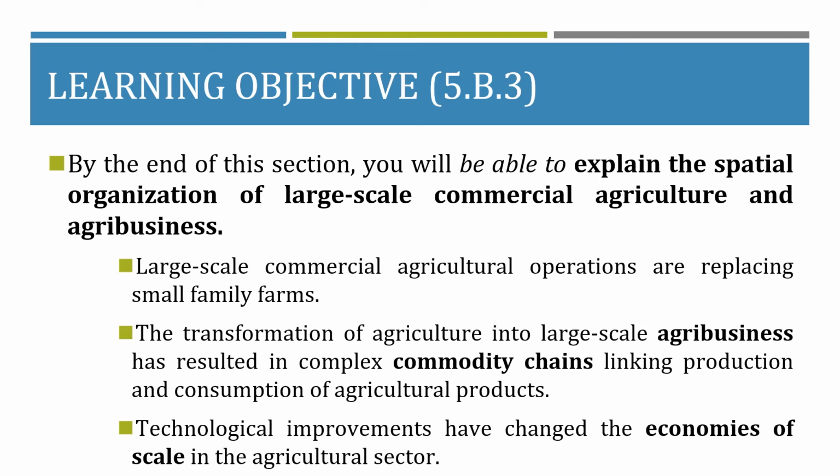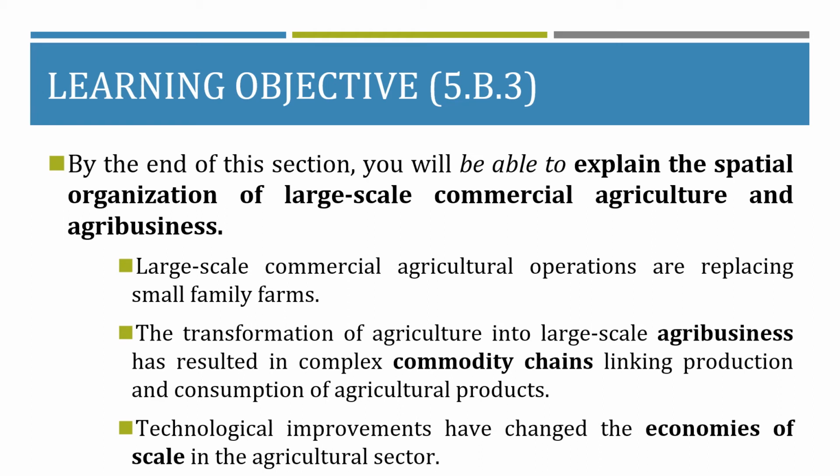Meaning a commodity chain would be, how does that potato get from that field in Idaho to your consumption of it via French fries from your local McDonald's? That whole process is part of that commodity chain.